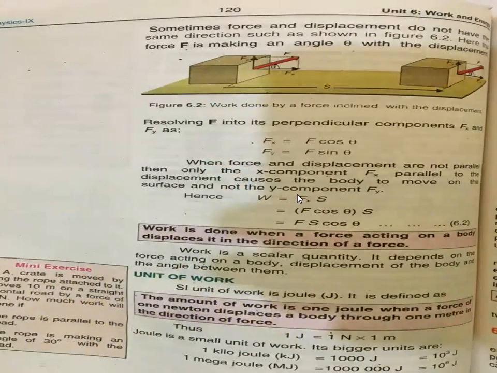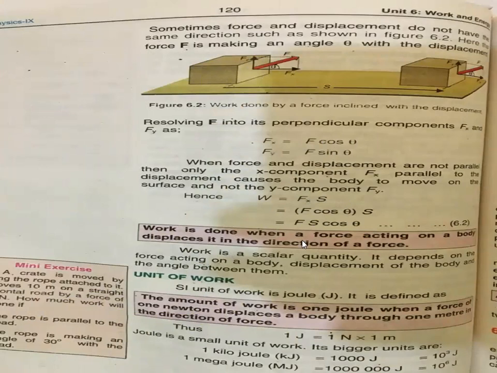So we will replace F with Fx. You know Fx is equal to F cos theta. Just put Fx equal to F cos theta in this formula. So you will get F cos theta times S. So next you can write W equal to Fs cos theta, because only the X component of the force is responsible for the body to move on the land.